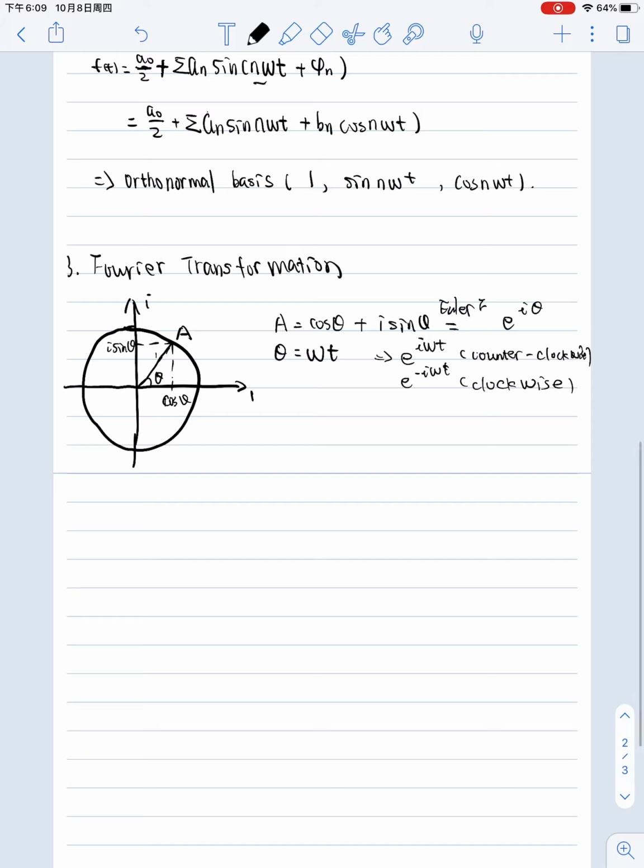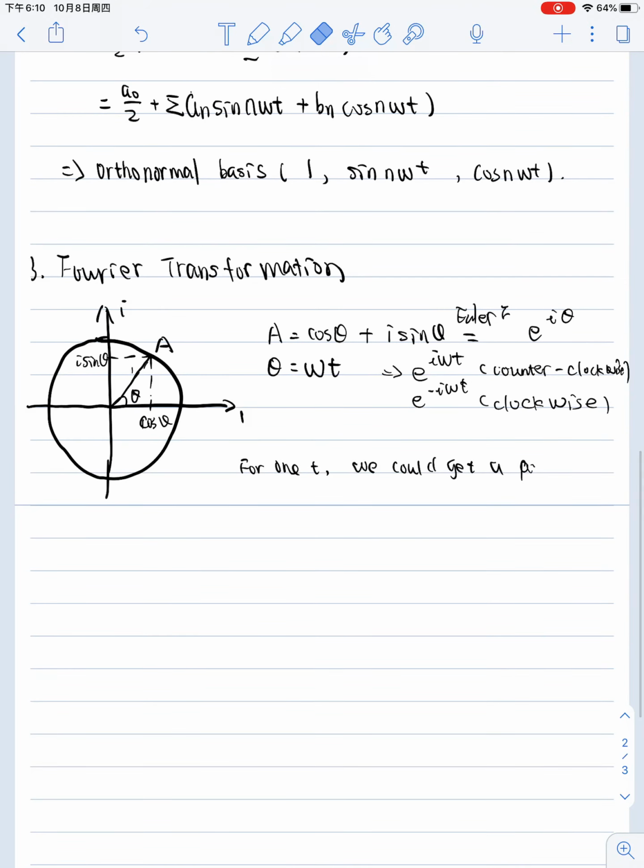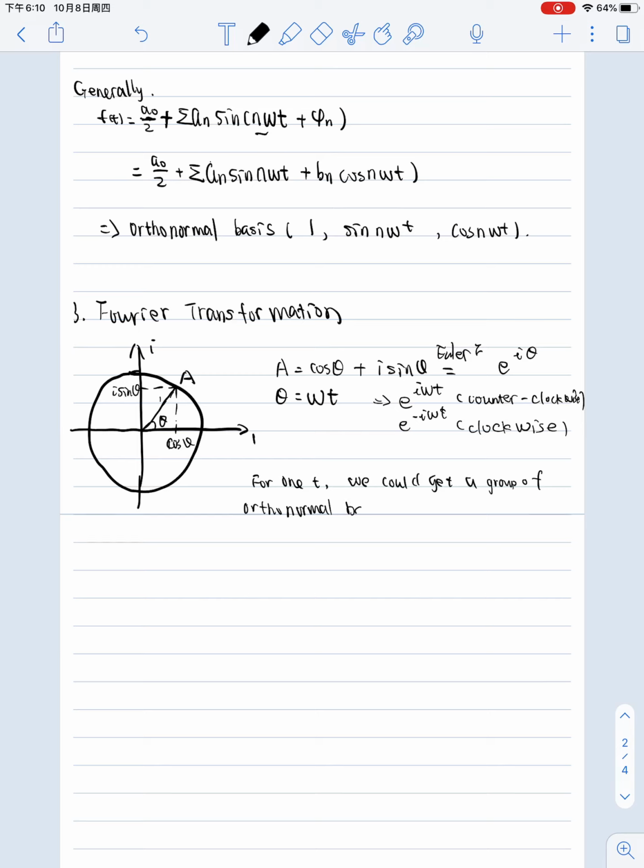And if we use this way, for different t, in the whole domain, for one t we could get a pair, a group of orthonormal basis.